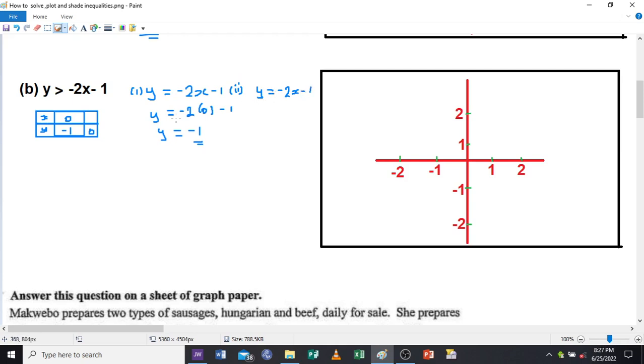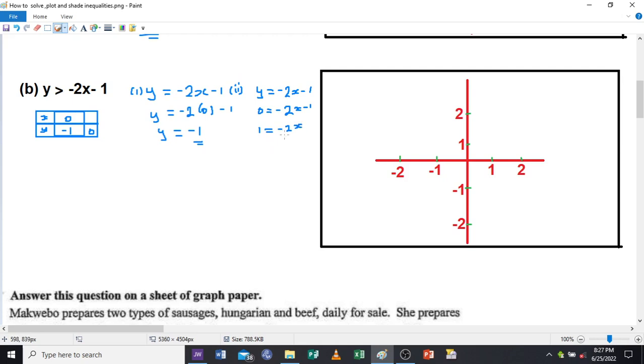Now what we want to substitute is y. We want to substitute y by 0. So we assume y to be 0. What will be the value of x, right? Now you are going to have this, which means you are going to have -2x, right?